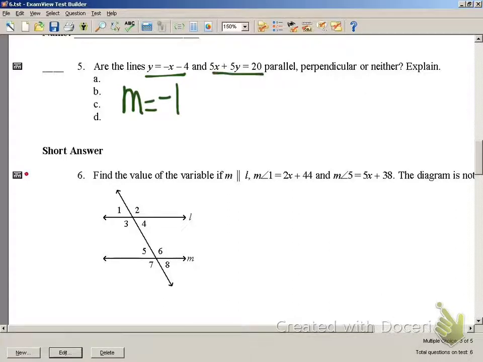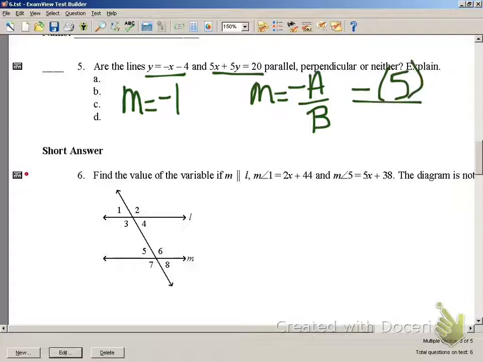For this line, that is in standard form, and we have a shortcut that slope equals a negative a over b. So I'm going to take the negative of whatever a is. In this case, a is 5. I'm going to put it over b, which is also 5, and I'm going to reduce. It gives me a negative 1 over 1.